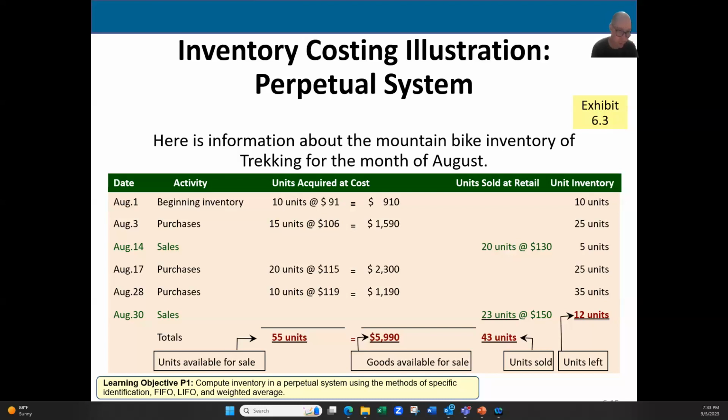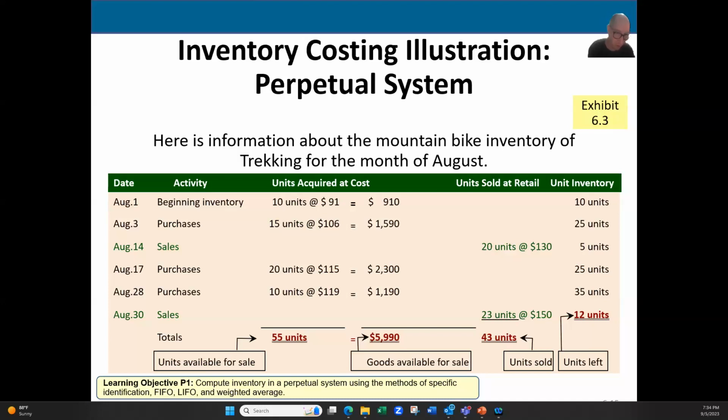On August 30th, we had a sales rush. 23 bicycles were sold at $150 a piece. It left us an ending balance for the month of August of 12 units. Throughout the month of August, we went through 55 bicycles. Okay?